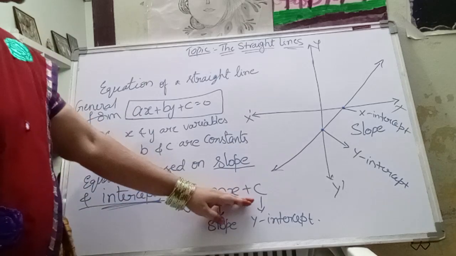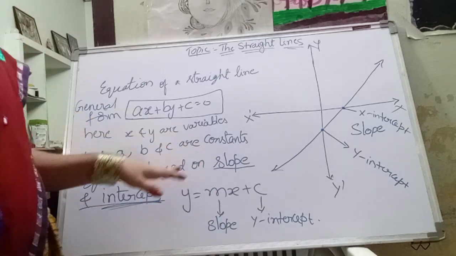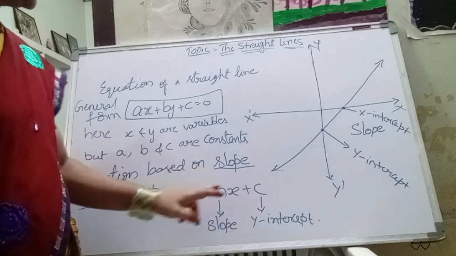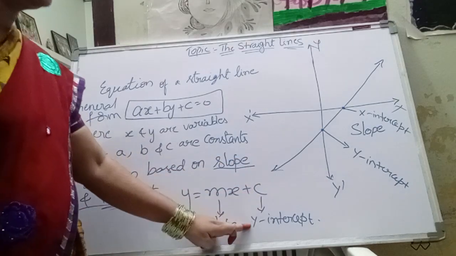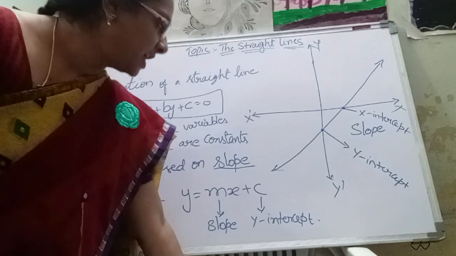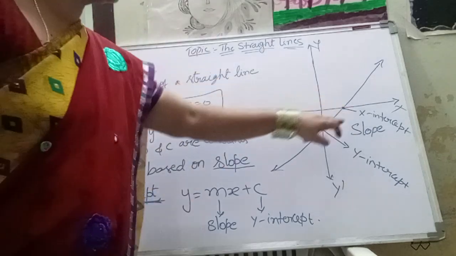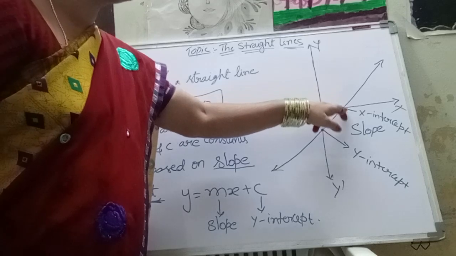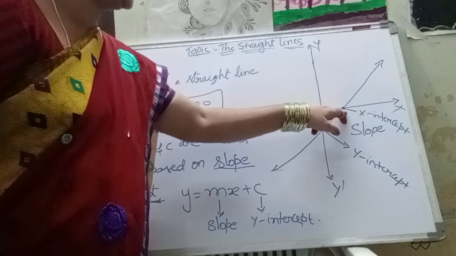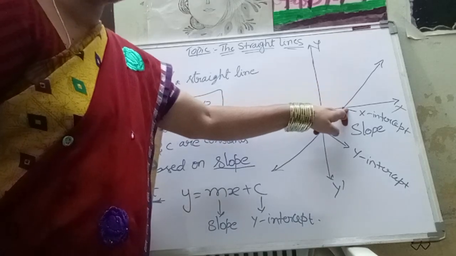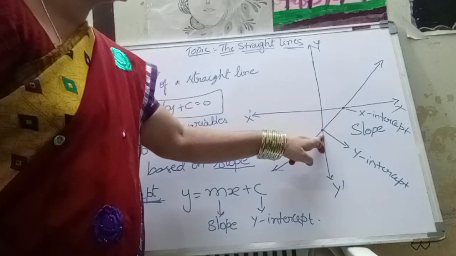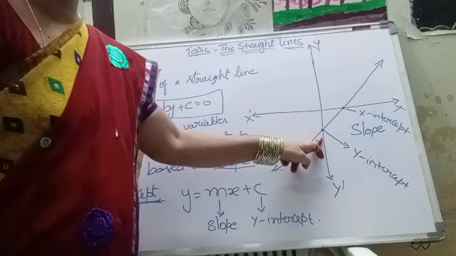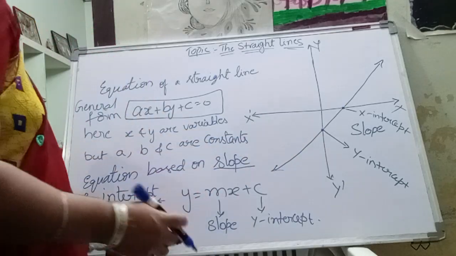Using slope and intercept, we formed this equation, y equals mx plus c, where m is the slope and c is the y-intercept. You understood what is x-intercept and y-intercept? The point where the line cuts the x-axis is called the x-intercept, and where it cuts the y-axis, that point is called the y-intercept. Okay?